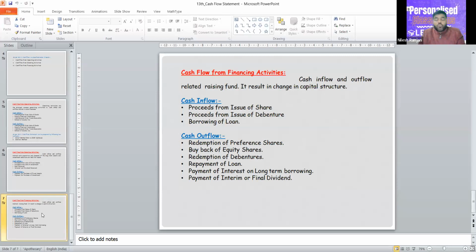Yes, sir. What will be operating here then? Purchase or sale of furniture. So purchase of car will be considered as other income? No, sir. You only have to classify in these three categories: operating, financing, investing.